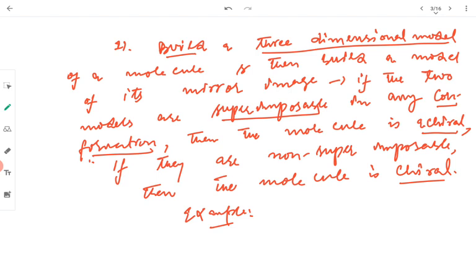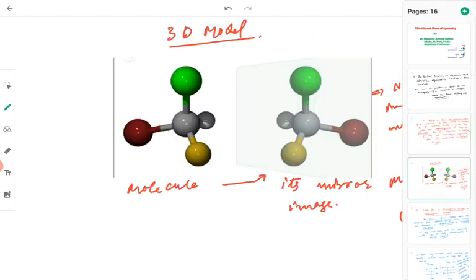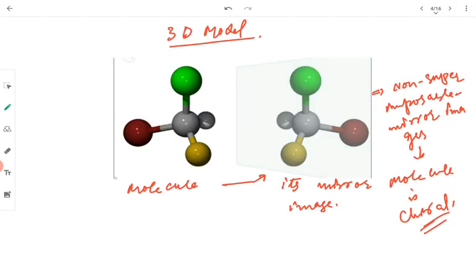This is building three-dimensional models of a molecule. This is the model which I have already given to you. Let's repeat it. This is a 3D model of a molecule, where this is the central atom, central carbon mostly, and different colored groups represent different groups.